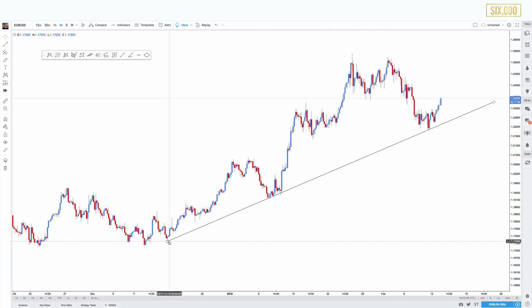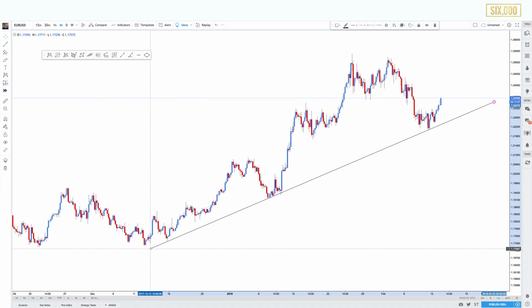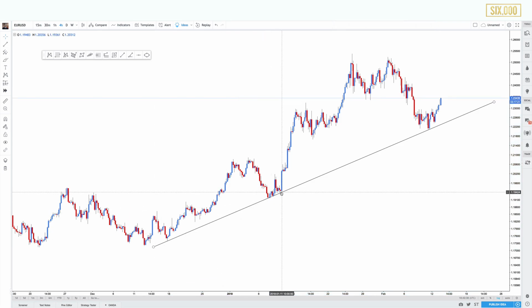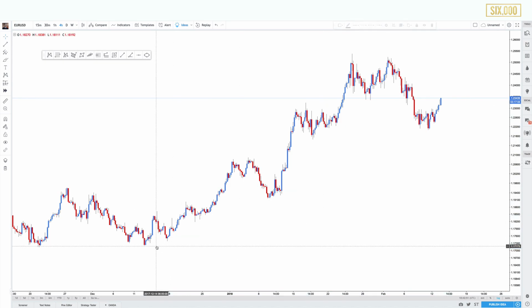You want to take it from the bottom of the wick. Now, if any of the wicks go below the trend line, as you can see here, we've got 1, 2, 3, 4. Both of those wicks meet the trend line. That's fine, it's valid.